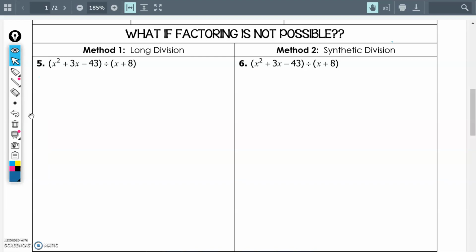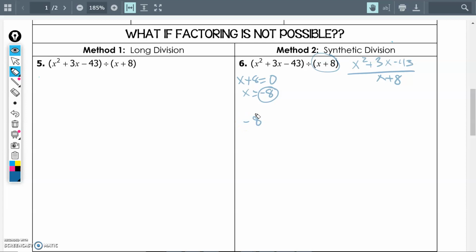Synthetic division: what you do is you take your factor, which is your denominator. So this technically looks like this. You take your denominator and you basically do the opposite of it. When I say opposite, I mean set it equal to 0 and solve, so you get x to be negative 8. Take that number, put it on the outside.